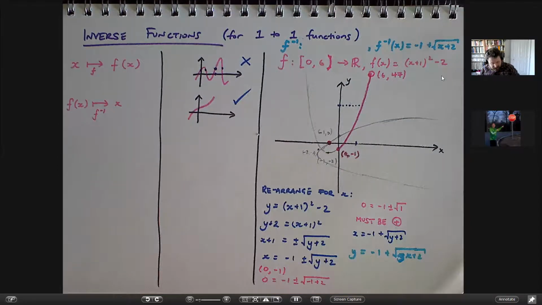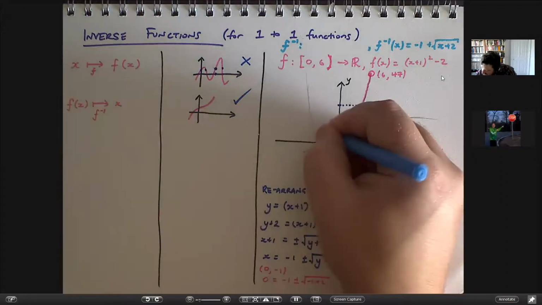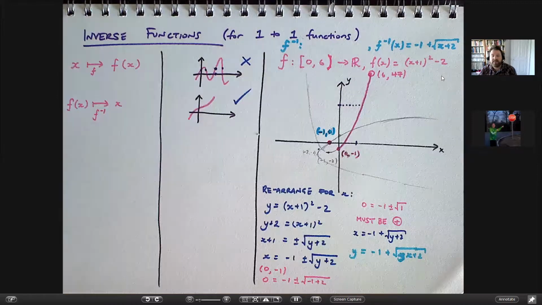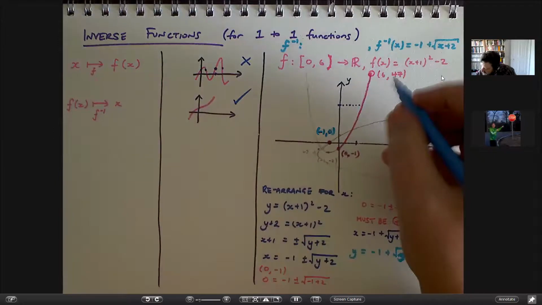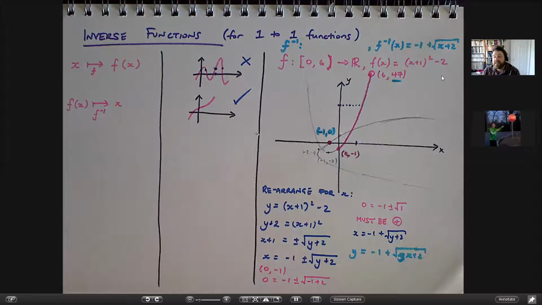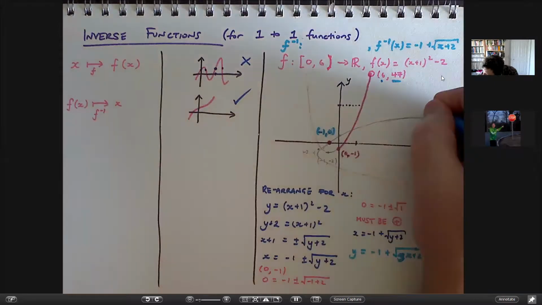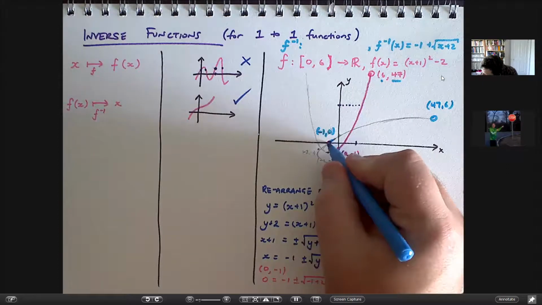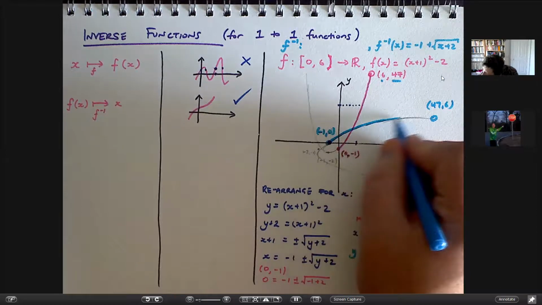With this new function, you put in -1, the y value, and you get out the original x value of 0. And that means if you put in the y value of 47 into this function, what you're going to get out is 6. So this point over here is going to be 47, 6, and our graph in between is going to look like that.